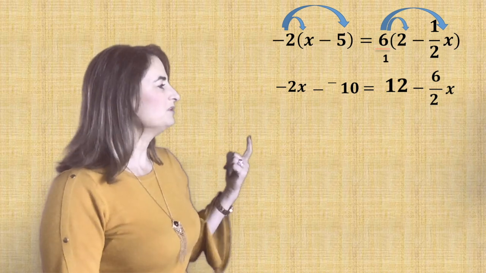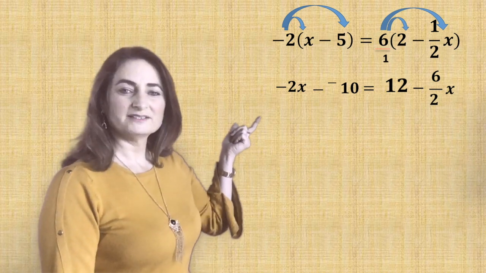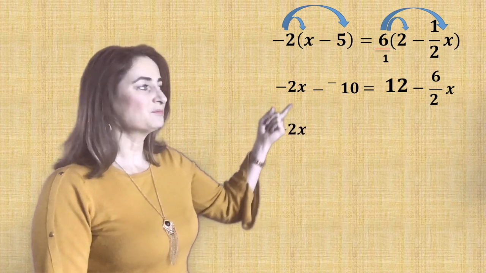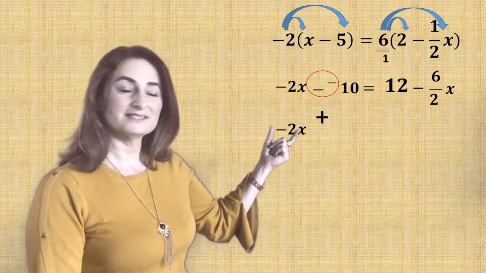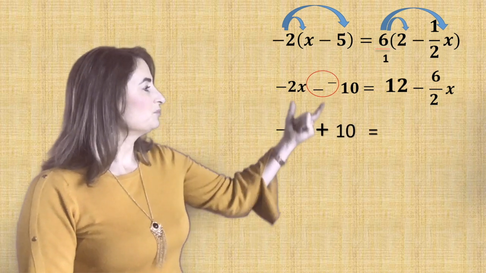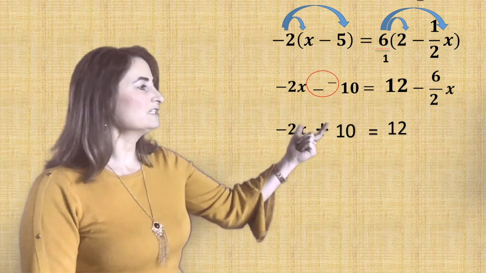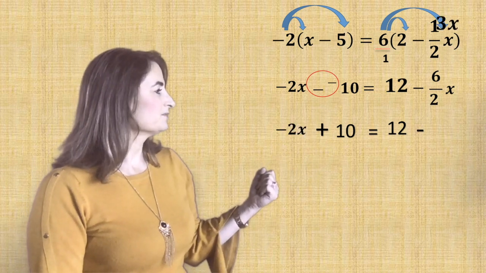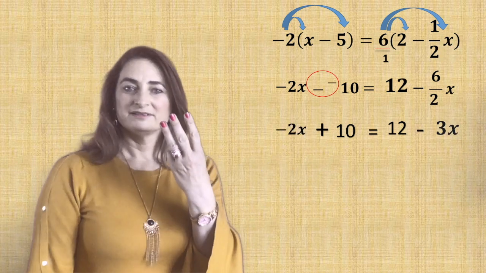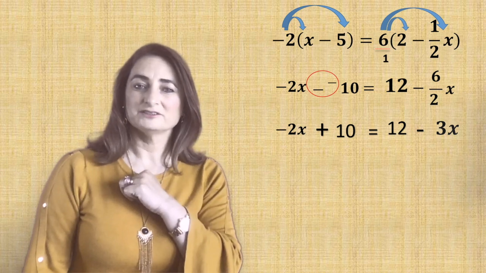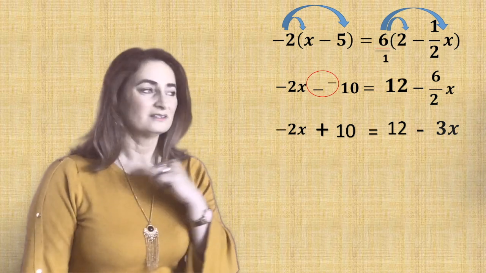Now let's simplify this. Bring the negative 2x down. Subtracting a negative is the same as adding 10, equals, bring the 12 down, and 6 divided by 2 is 3x.